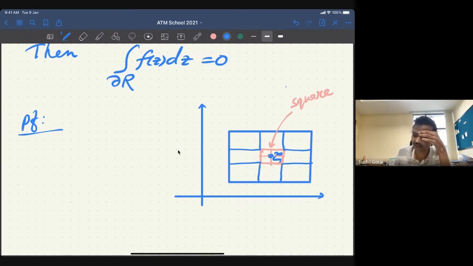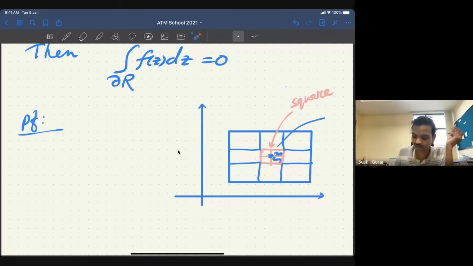Now, all other rectangles, since f is holomorphic there, do not contribute to the integral. Only this square can contribute. In the other rectangles, f is holomorphic in a neighborhood, so by the previous theorem the integral vanishes.